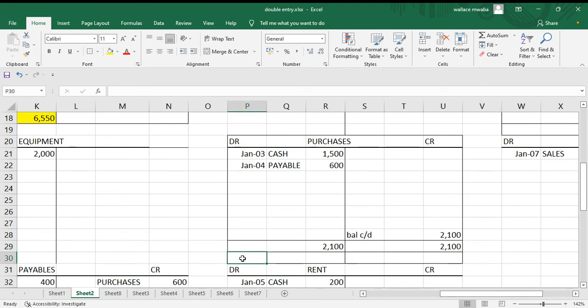And then our balance brought down is going to be 2,100. Remember, carried down is at the end of the month, and balance brought down is at the first of the next month. So 2,100.